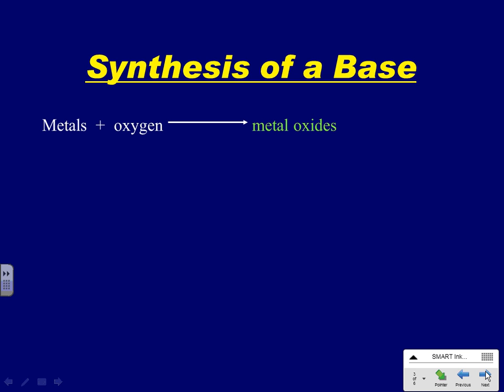It's probably more common to think of metals reacting with oxygen, like rusting of iron. They form metal oxides. In a moment I'm going to burn some magnesium. I'm going to produce some magnesium oxide. And if we take those metal oxides and dissolve them in water, well, it turns out we get a base.